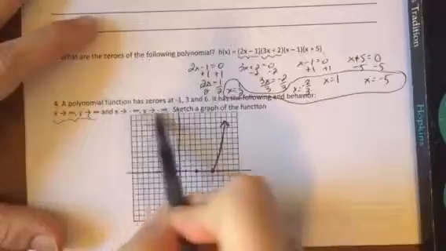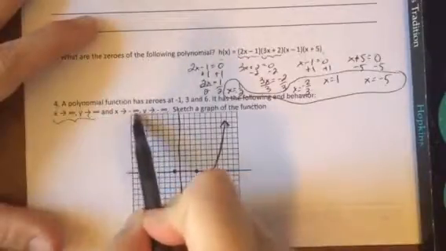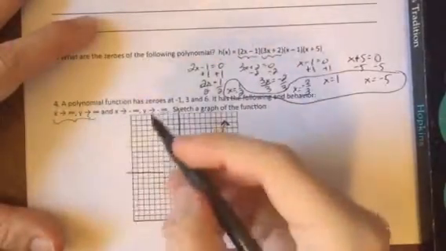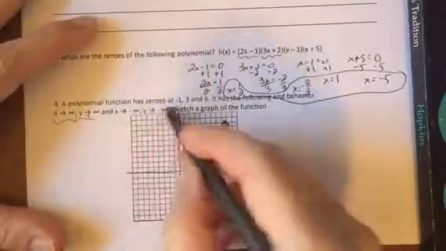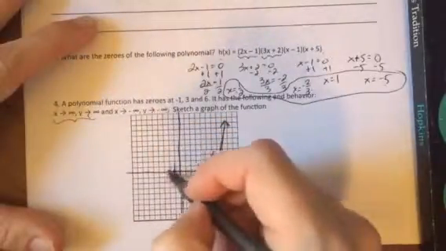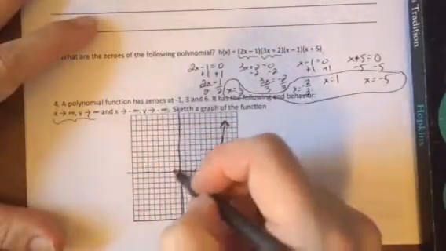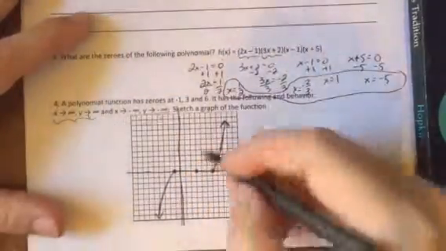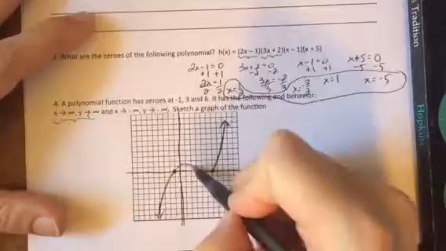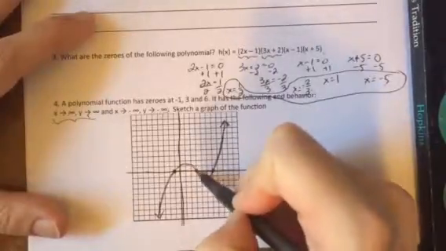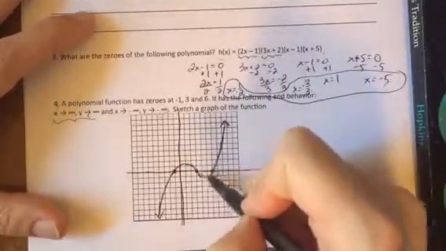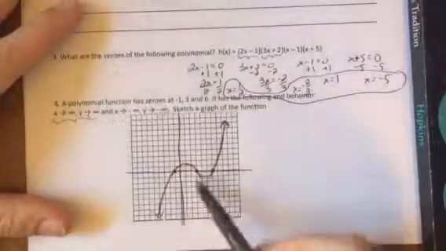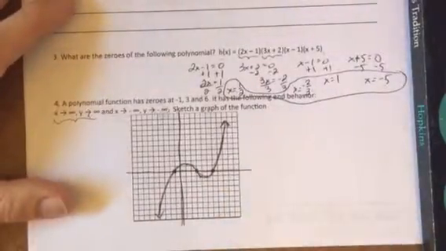And here, as x goes to negative infinity, that means to the left, y goes to negative infinity. So that means as I go to the left, I'm going down, left, down. So my graph is going to go like that from here. So from there, we can guess that it's going to go something like that. We don't know how high or how steeply it goes, but this is a good sketch of the graph based on that information.